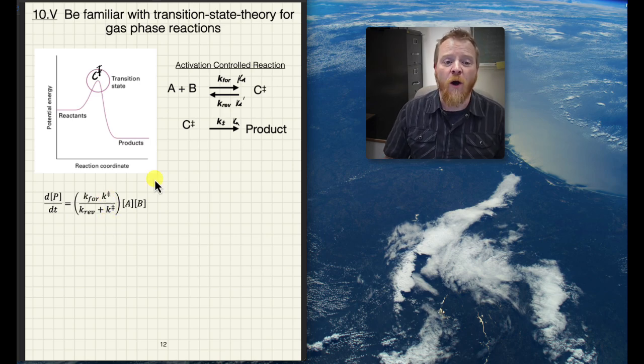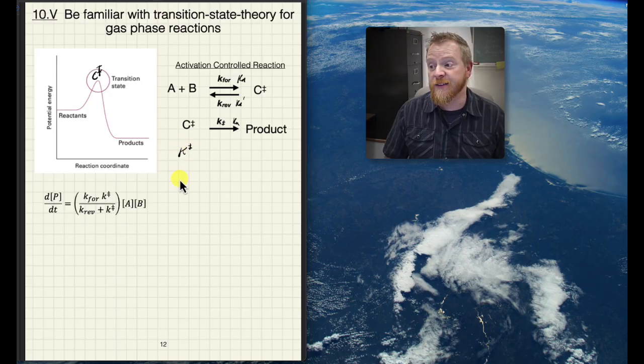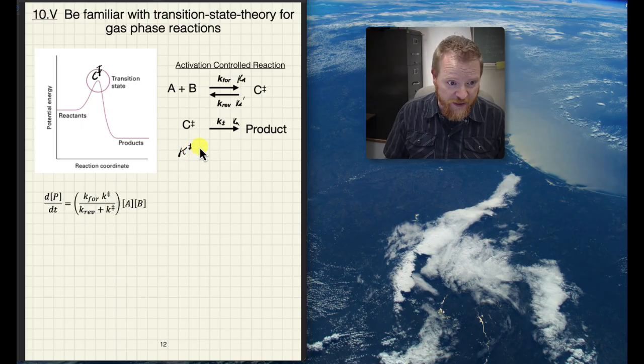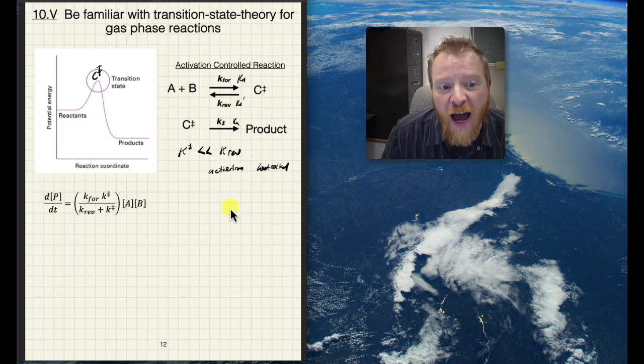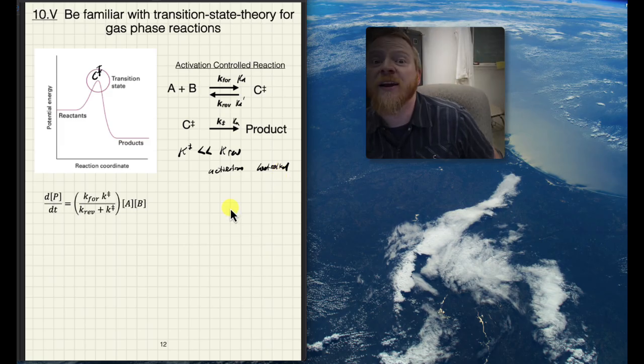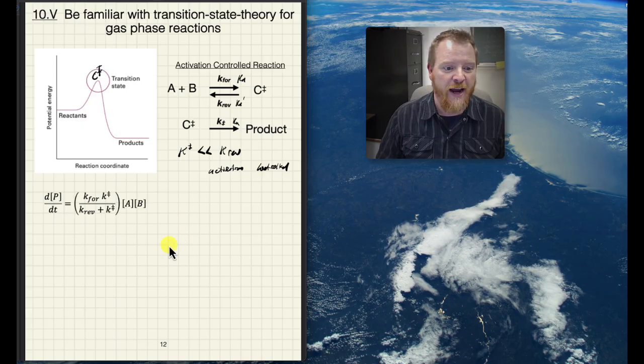So if you recall, if K double dagger is limiting, or in other words, if K double dagger is much, much less than K reverse, as in the case with an activation controlled reaction, right? So diffusion is not limiting our reaction here, rather activation is limiting our reaction.